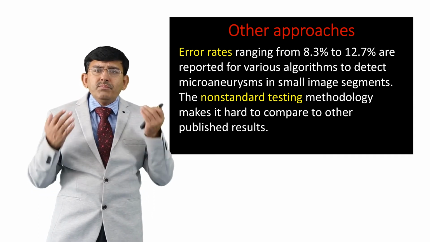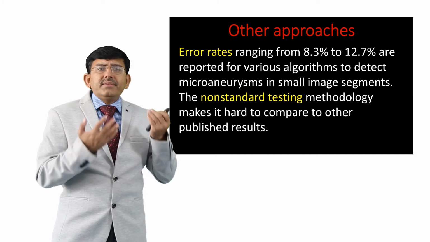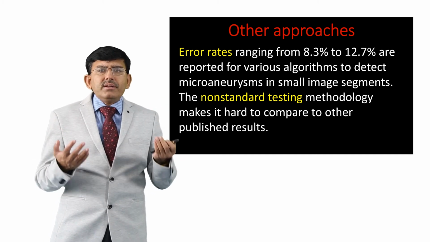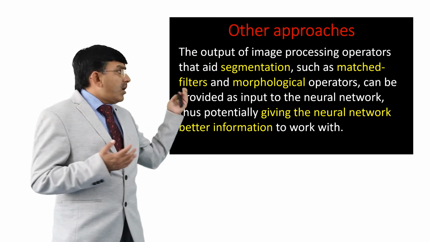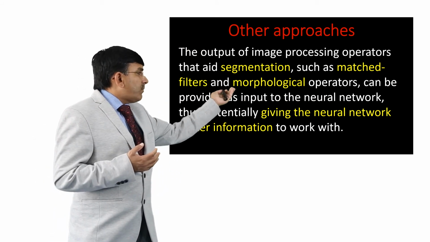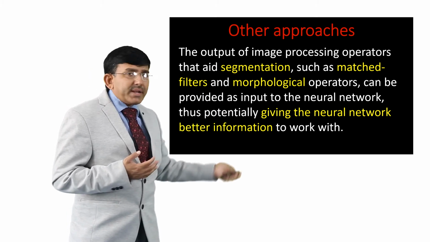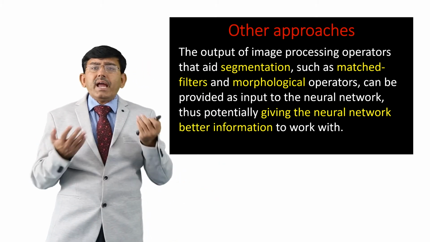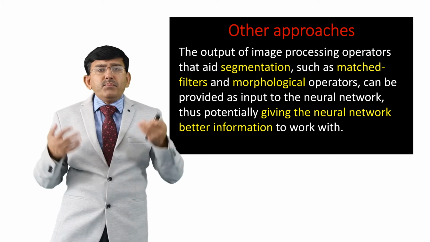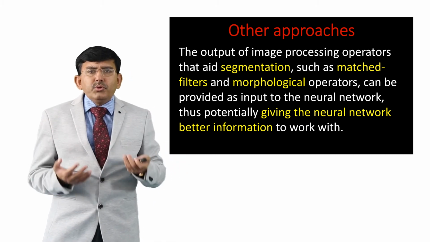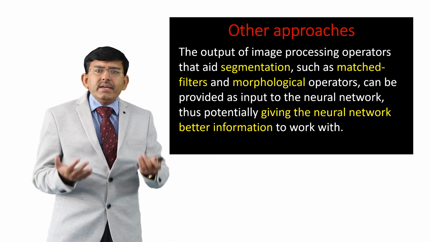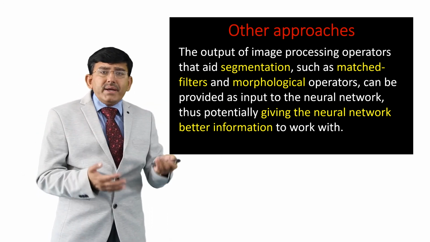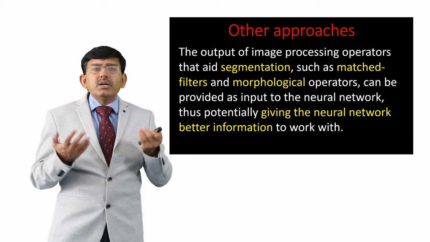The output of image processing operators that aid segmentation, such as matched filters and morphological operators like erosion and dilation, can be provided as input to the neural network, thus potentially giving the neural network better information to work with.